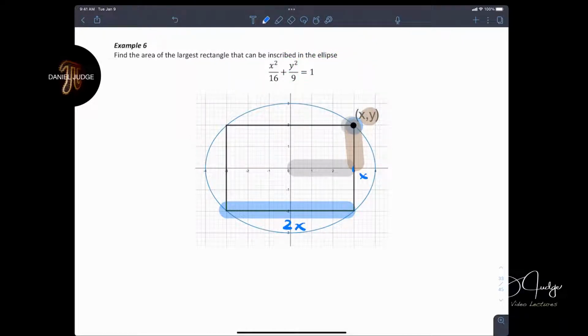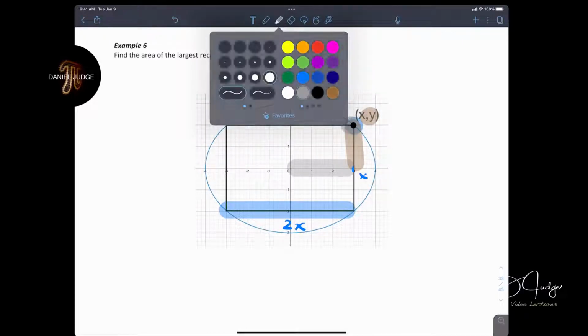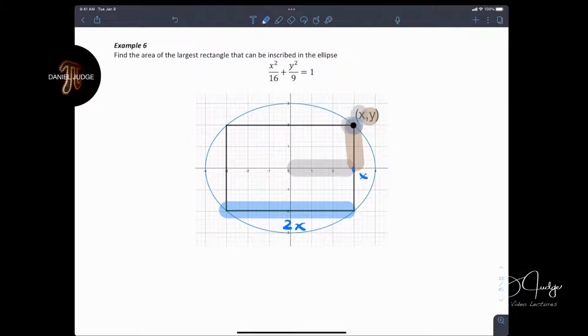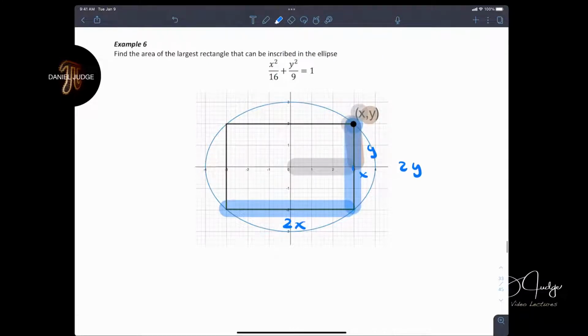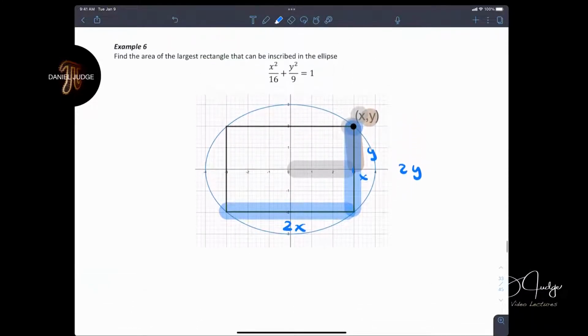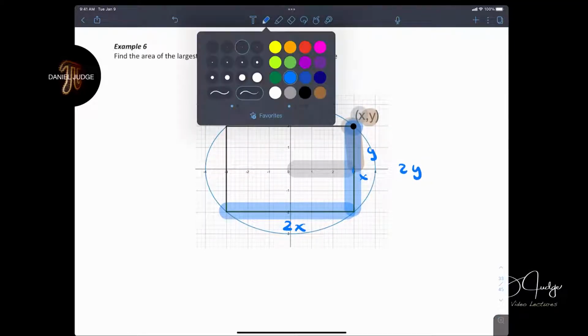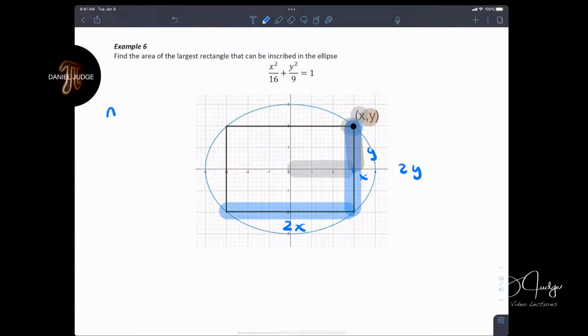I guess I've highlighted the wrong thing. Here's the y coordinate. So this distance is y, and the total distance here is 2y. So there's the dimension here. We want to find the largest area: the area of the largest rectangle that can be inscribed inside of the ellipse.